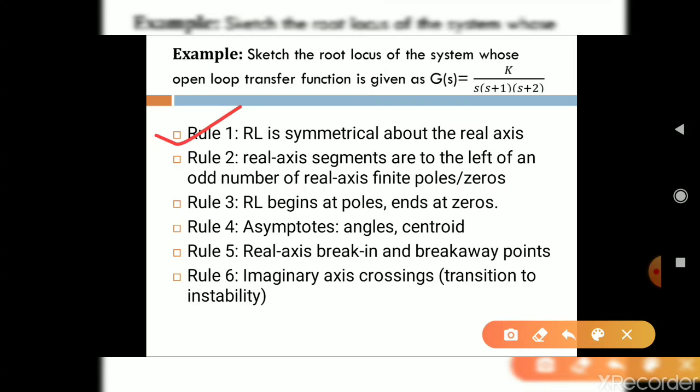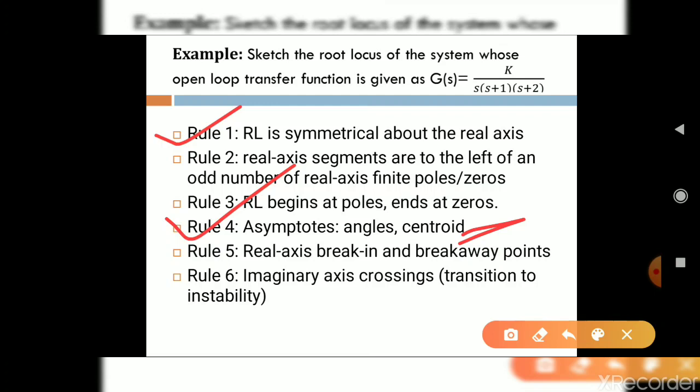Next, we know that root locus begins at open loop poles and terminates at open loop zeros. After that, we need to find the number of asymptotes, the angle for those asymptotes and the centroid. Up to this point we consider the open loop transfer function of the system, and till this point we are just trying to find the direction of the root locus.